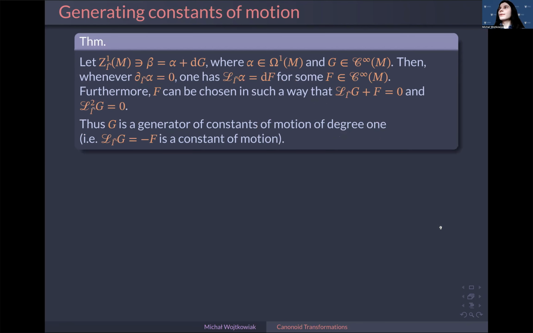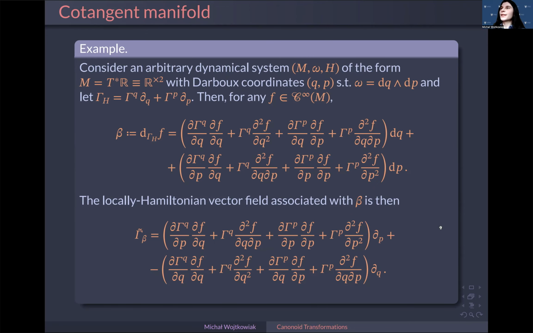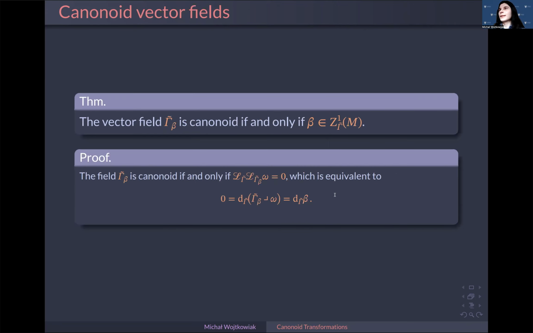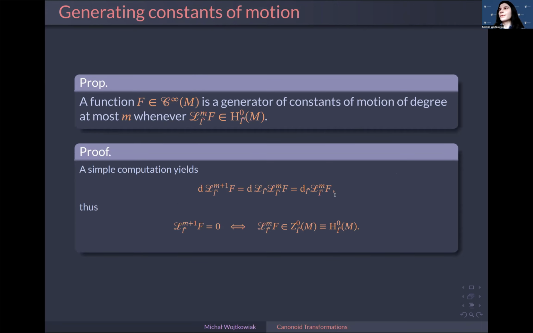All right, because like I said, if the first cohomology vanishes, then we have a sort of one-to-one correspondence between canonoid transformations and generators of constants of motion.